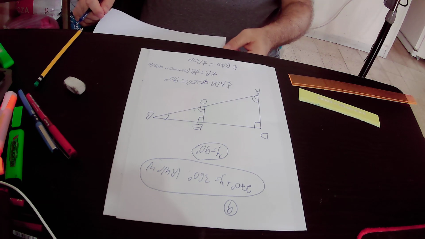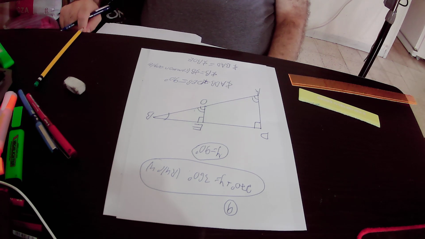So angle rule states that if you prove that all the angles of one triangle are equal to all the angles of another triangle, then those two triangles are similar to each other according to angle rule.